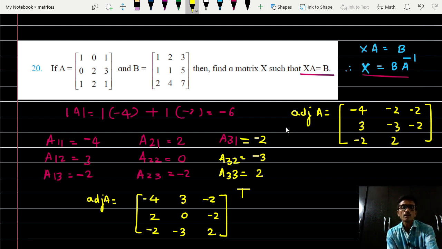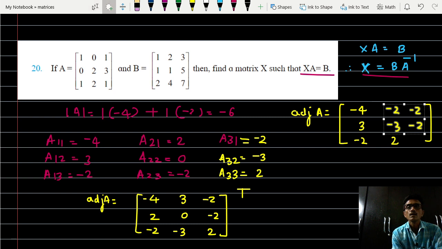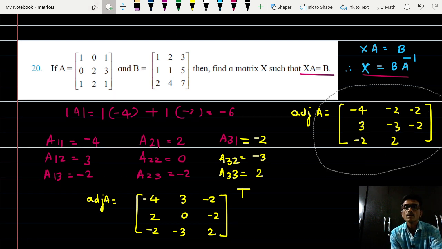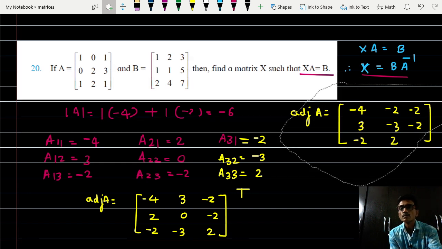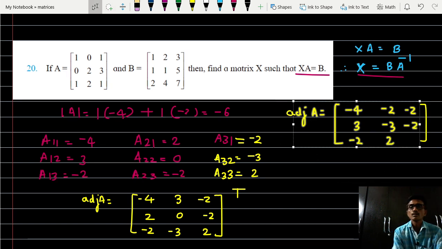We interchange all rows and columns. Adjoint of matrix we find here.